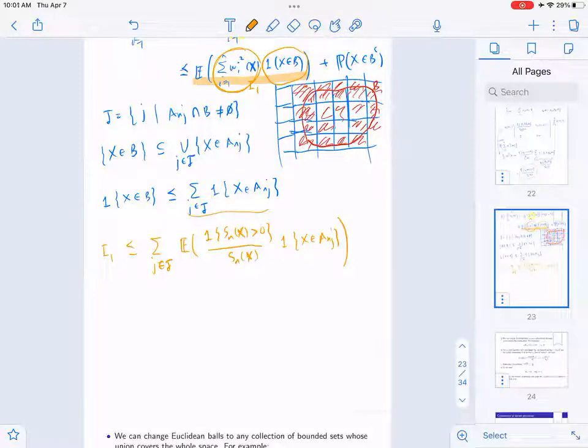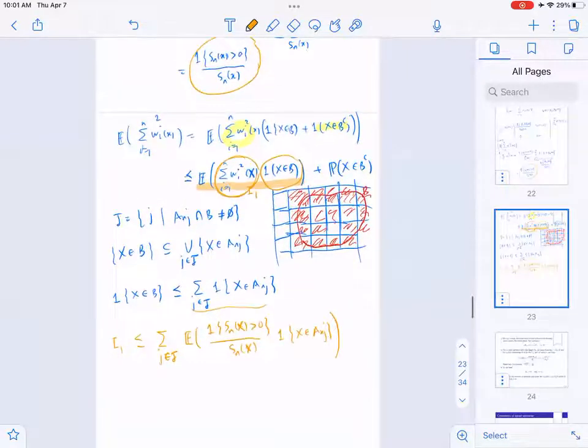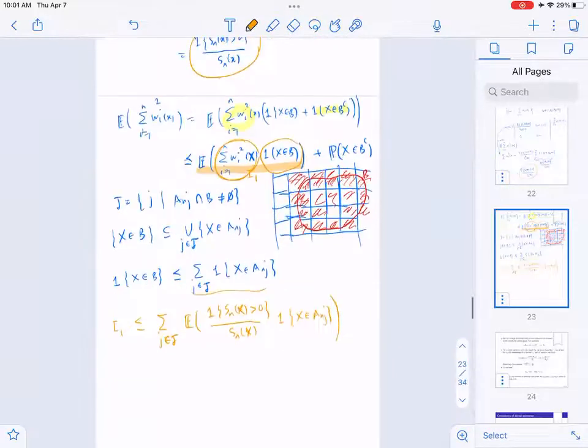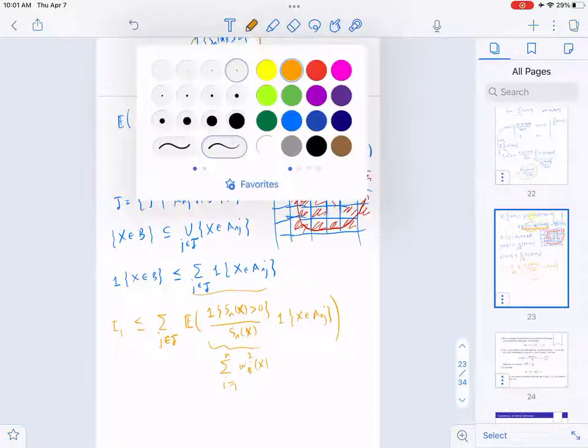Does it make sense? This is just the summation of w_i, or w_i squared of x, from 1 to n, and I just plugged in the indicator.